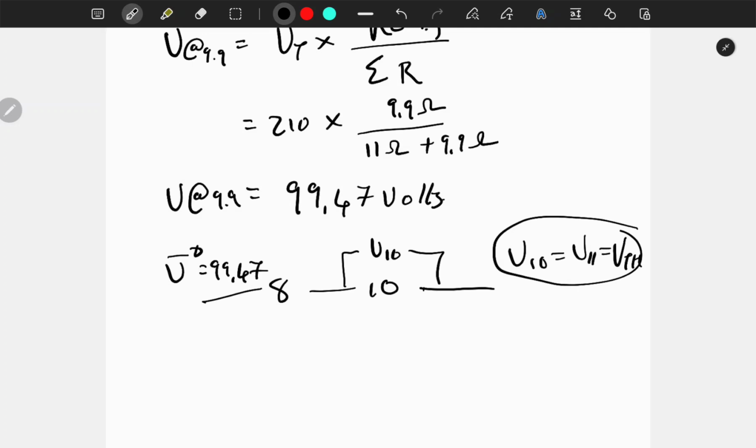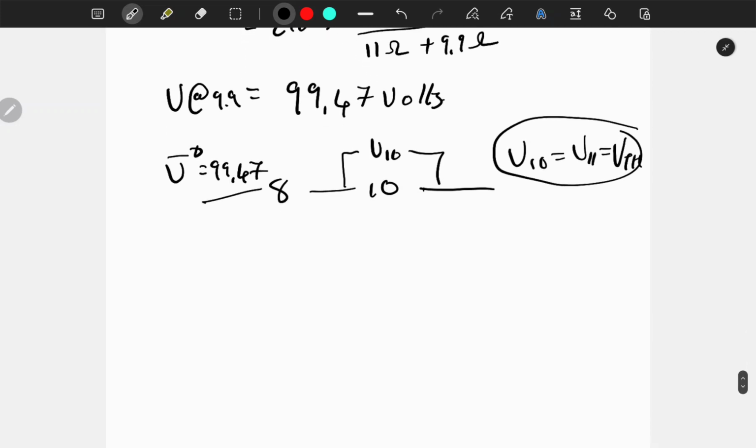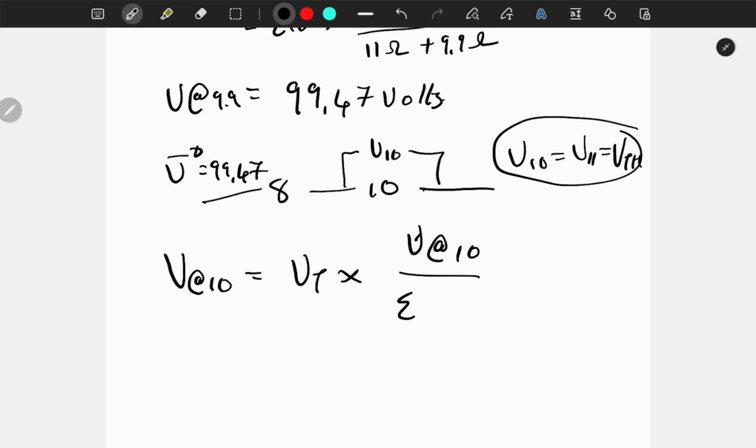Okay, so now we are going to use the voltage divider, which is: the voltage at 10 is equal to the total voltage multiplied by the resistor at 10 over the sum of the resistors, right?